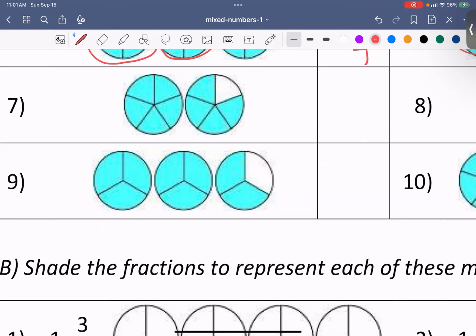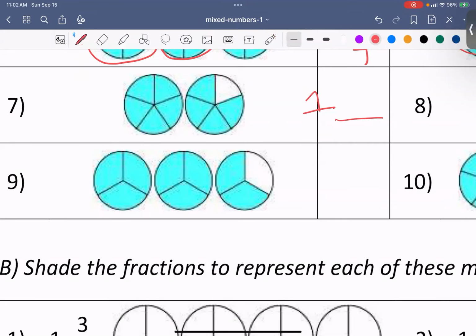Number 7. How many wholes do we have? We have one whole. Now, what is the fractional part of the mixed number? Well, count how many parts this circle is cut up into.